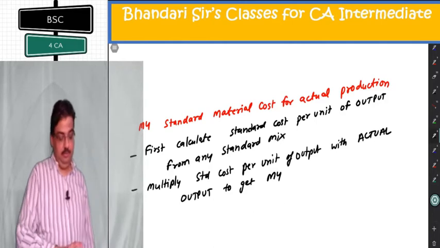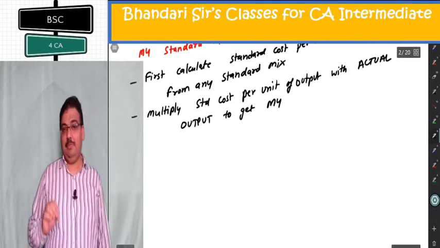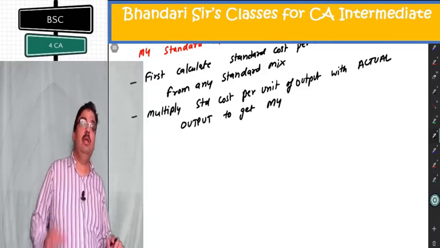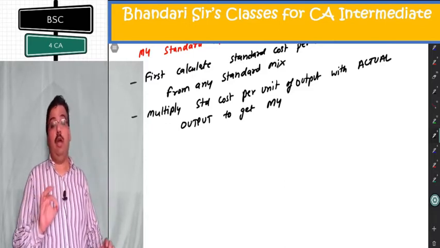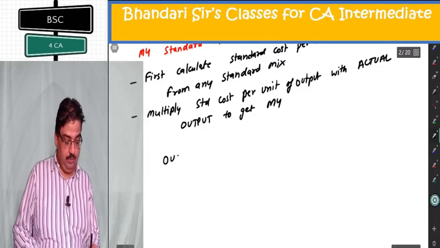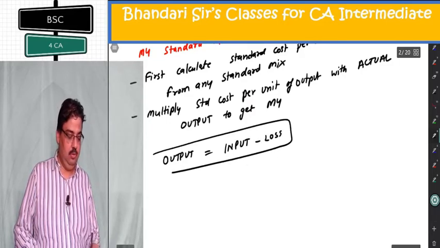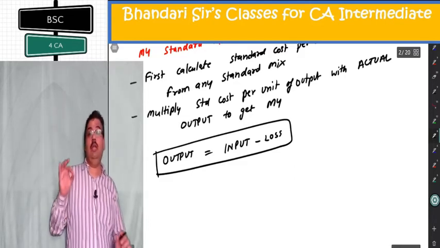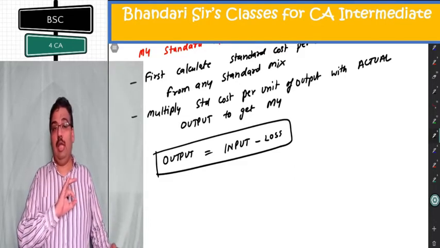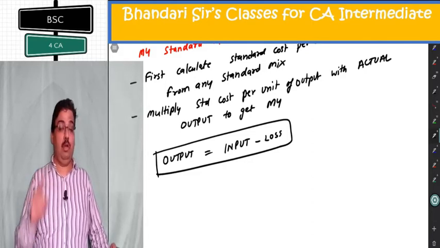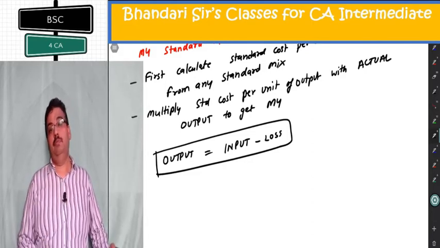Remember one thing, first 3 steps are purely based on input material. Last step is the only step based on output. And what is output? Output equals input minus loss. The losses given in the question are not used anywhere else in M1, M2, M3. They are used only for the purpose of computing M4.